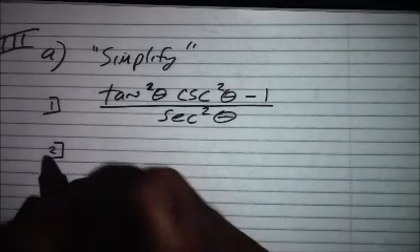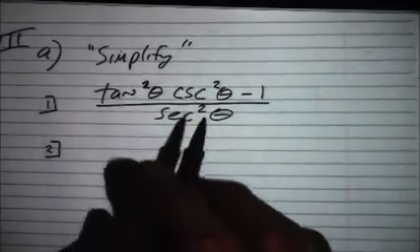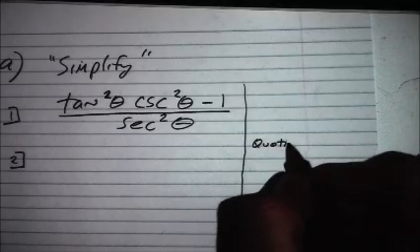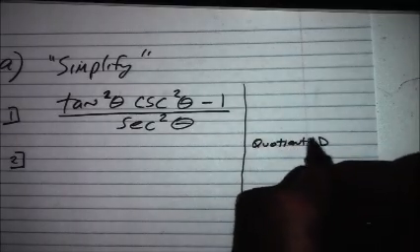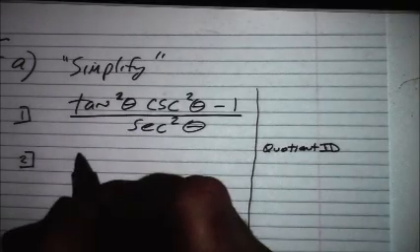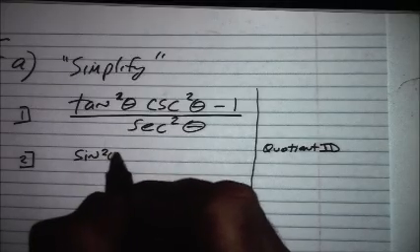I'm going to call this step 1 on this one, where just writing it correctly down on paper is pretty important. The second step is going to be using some of the identities here. I could either do them separately or I can do two of them. So over here I'm going to write down what I'm doing. I am going to use a quotient identity to change tangent squared theta to sine squared theta over cosine squared theta.